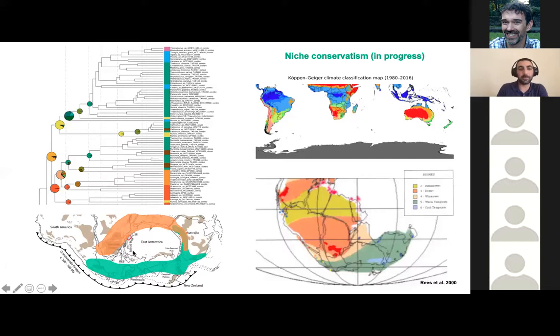So in the case of these two clades, I would hypothesize that this clade would be reconstructed as warmer temperate, and this would be cooler temperate.